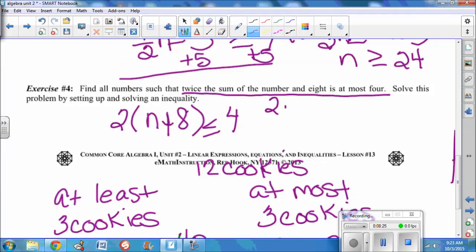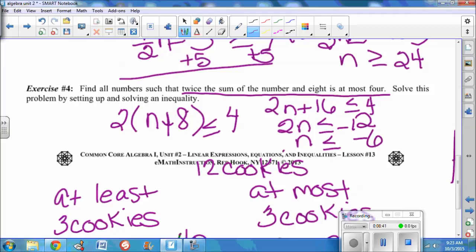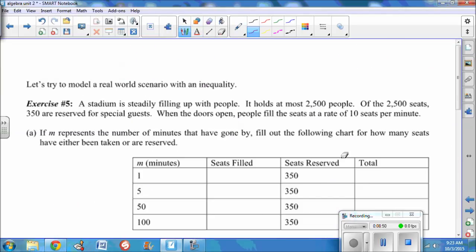So distributing, 2n plus 16 is less than or equal to 4. We'd subtract our 16, and we end up with negative 12. Divide by 2, n is less than or equal to negative 6. Okay? So just playing around with it. No application so far. So let's flip the page and let's look at some application of this.